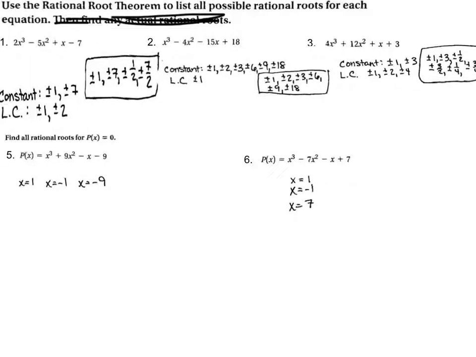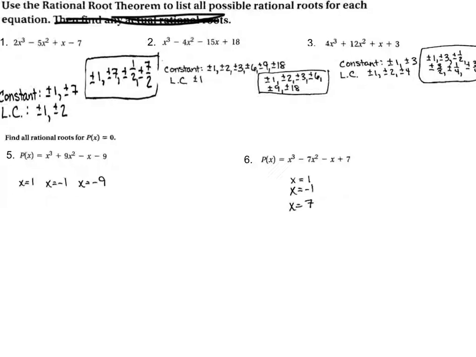On 5 and 6, you were finding an actual root, not all. So as long as you have one of these 3 as your actual root, then you're good. Now remember, these are not all of the possibilities. For number 5, you'd also have had possibilities of plus or minus 3. Number 6, they actually were all the possibilities.